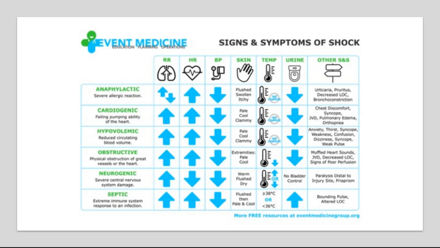And then lastly, neurogenic shock, it talks about paralysis distal to the injury site. And septic is going to be similar to any of your distributive shock: bounding pulse, altered mental status, loss of consciousness. That's because of the lack of perfusion to the brain, which you'll see in many of the other shock categories as well once you get into that multi-organ dysfunction.